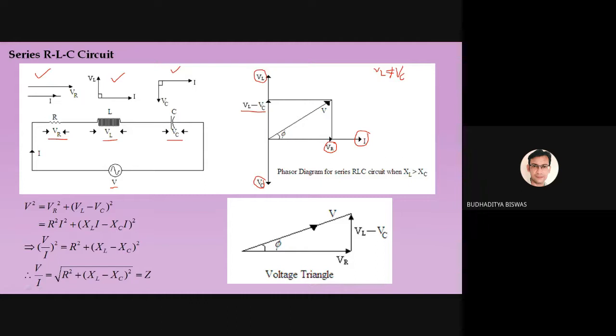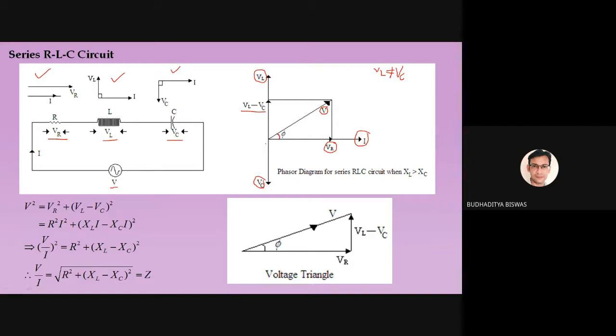From the VL line, if we subtract the value of VC, it comes VL minus VC. Then if we take the addition of VR and VL minus VC, it comes this way. So this is the supply voltage, which is the summation of VR and the difference VL minus VC. And this angle is called the phase angle. The definition of phase angle is the angle between the supply voltage and the current through the circuit.